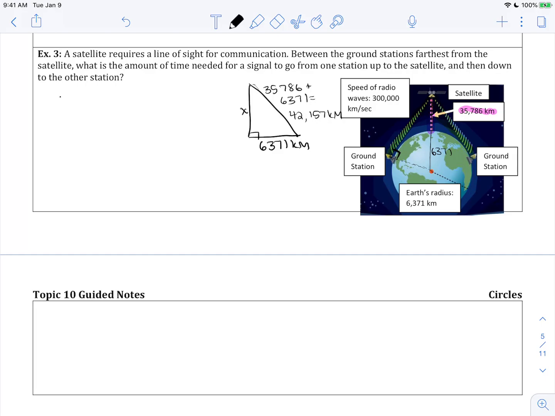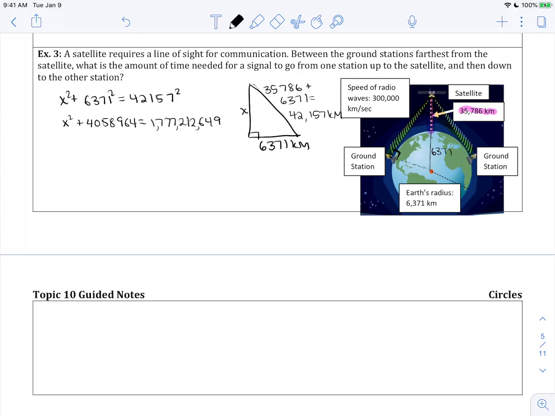So we can use Pythagorean theorem, x squared plus 6,371 squared equals 42,157 squared. Okay, we're going to be dealing with some big numbers. Square all these. Square this. I get 40,589,641 equals 1,777,212,649.